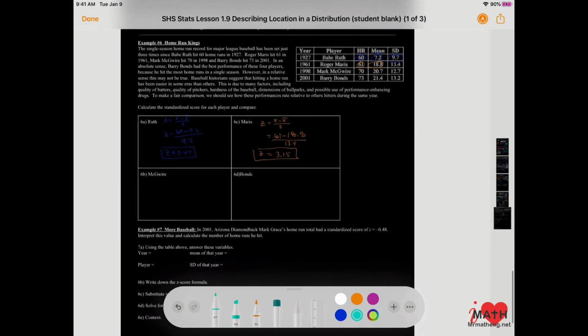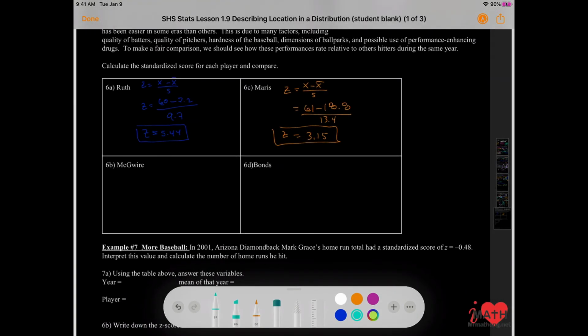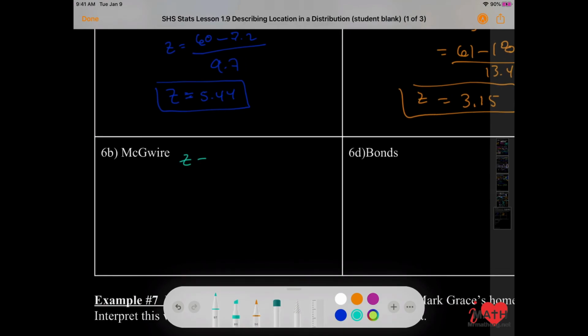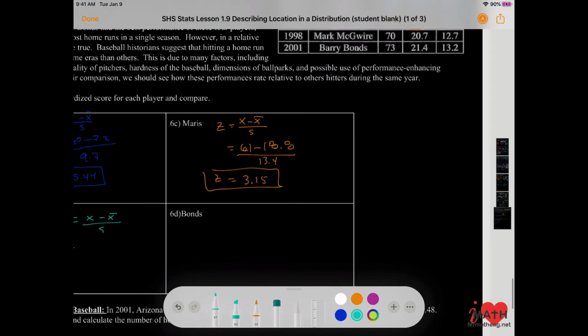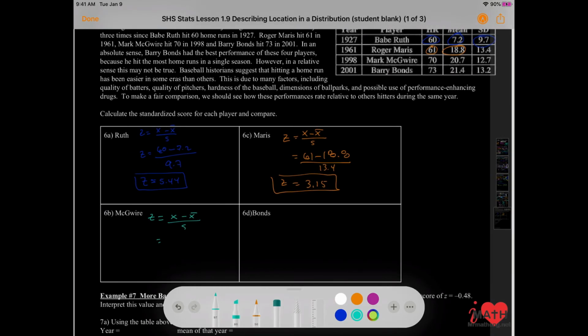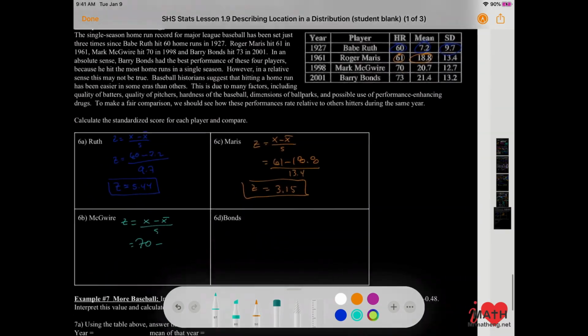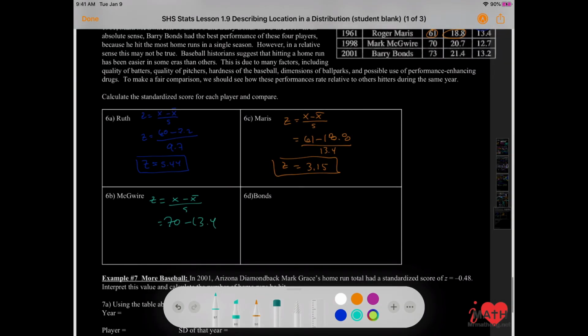All right, let's go with McGwire. Z-score is his number minus the mean over the standard deviation. How many home runs did he hit? He hit 70. And then the average was 13.4. Nope, I looked at it wrong. Let's try that again. 70 minus 20.7 over 12.7.